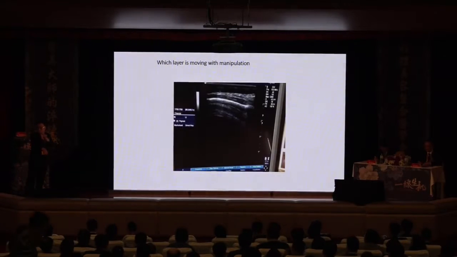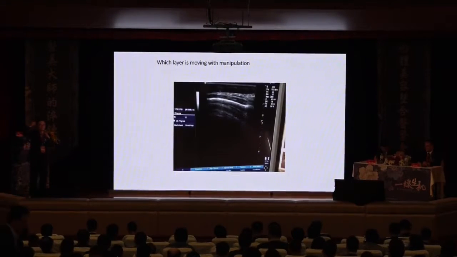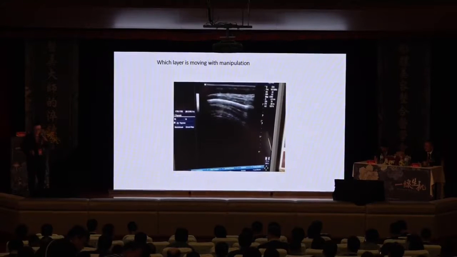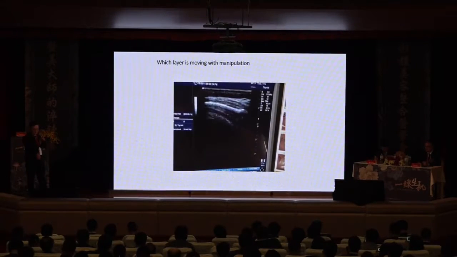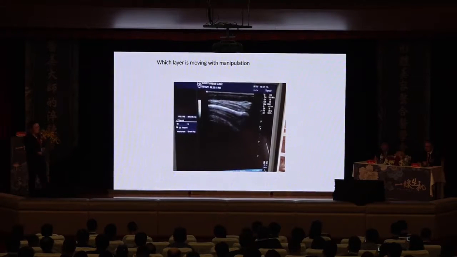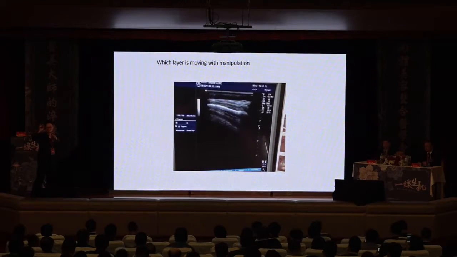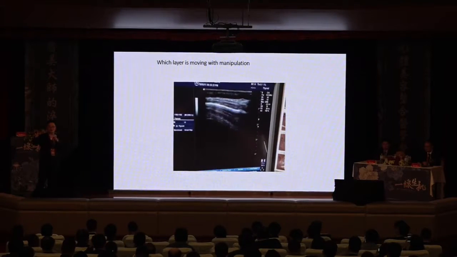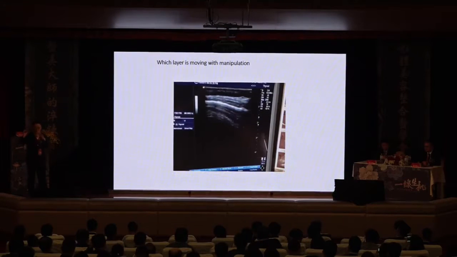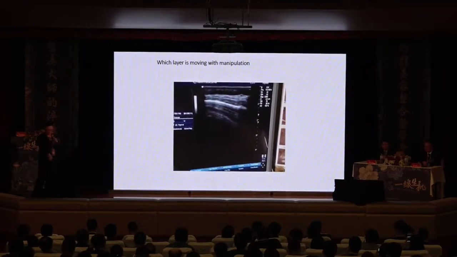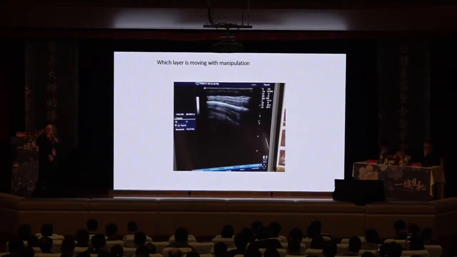Okay, movie please. This is the temple area. And the sonograph shows the movement. You can see on the right side of the movie the pulsating round circles. That is the superficial temporal artery, which is enclosed by layer 3, the superficial temporal fascia. So you can see that movement.